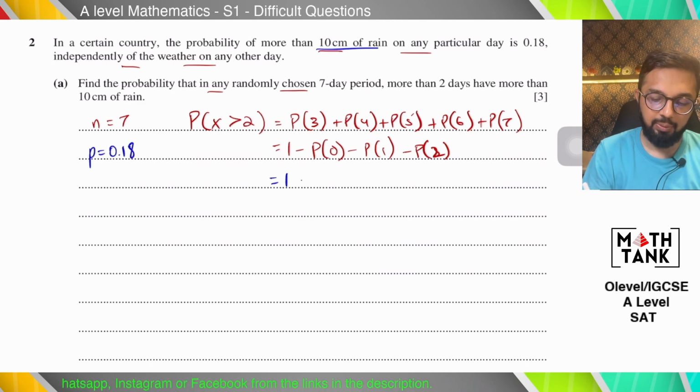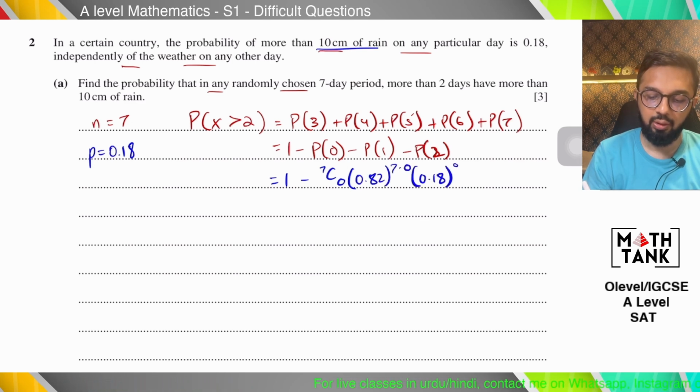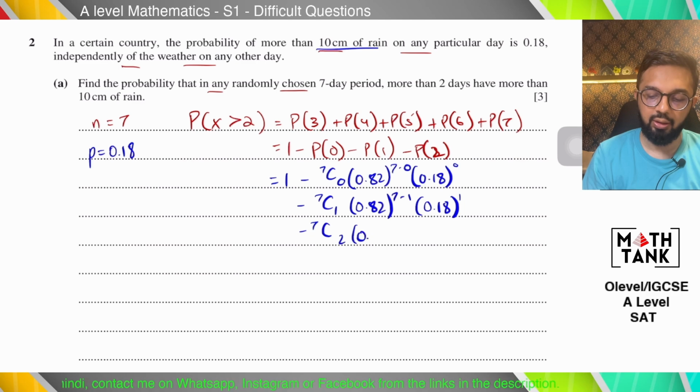So I'm going to write my expression: 1 minus 7c0 0.82 power 7 minus 0, 0.18 power 0, plus 7c1 0.82 power 7 minus 1, 0.18 power 1, plus 7c2 0.82 power 7 minus 2, 0.18 power 2.